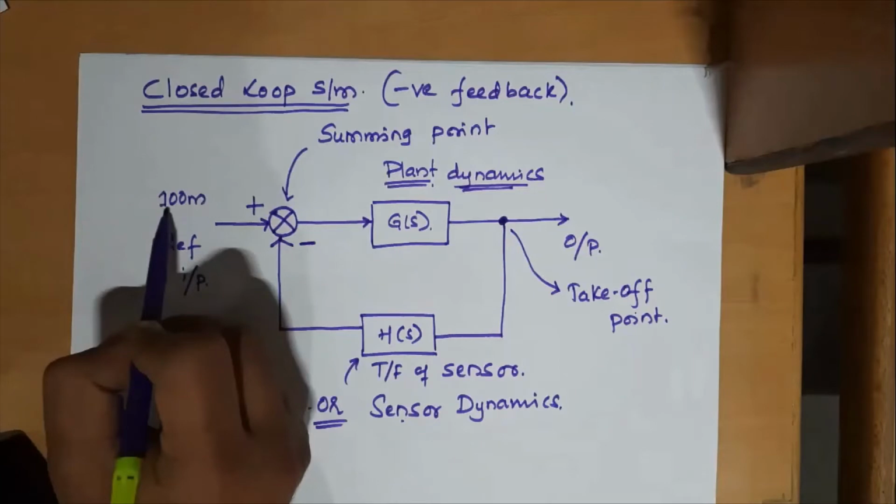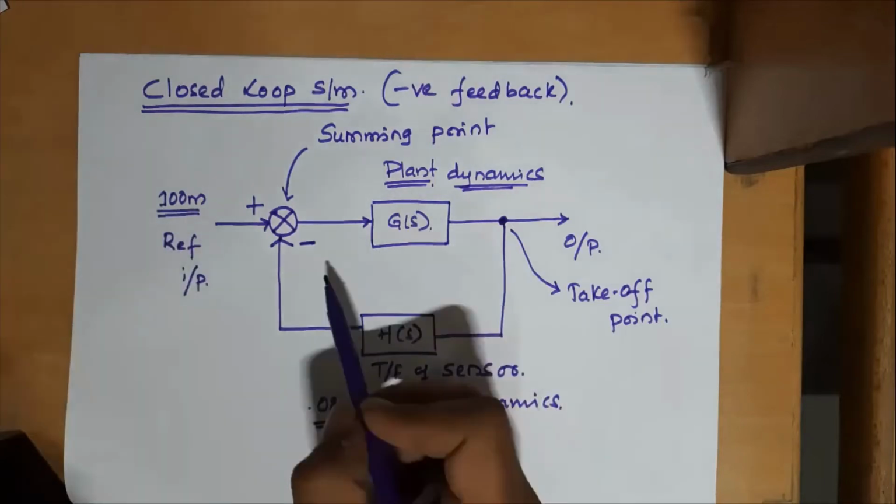Okay. So I'm giving a reference input to your brain. Suppose I imagine your brain as some plant, I'm giving a command signal, or a reference input, that your brain should operate to ride a distance of 100 meters.